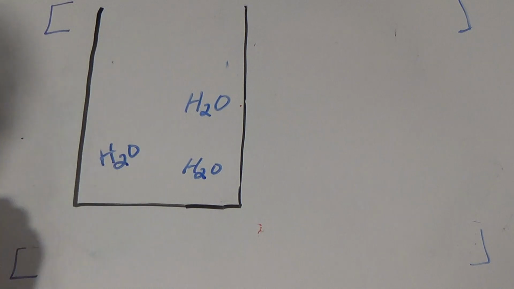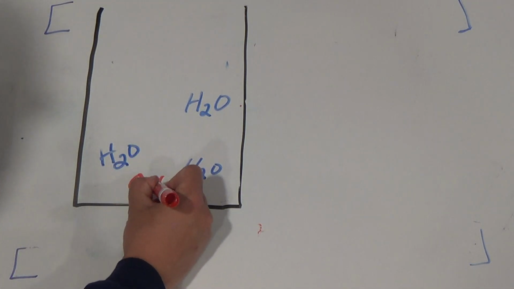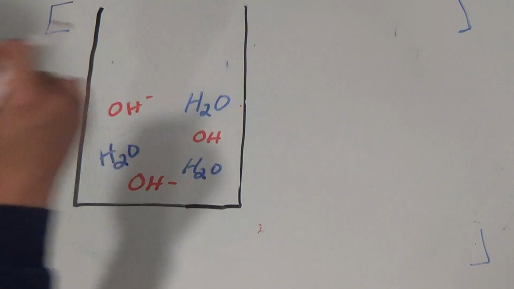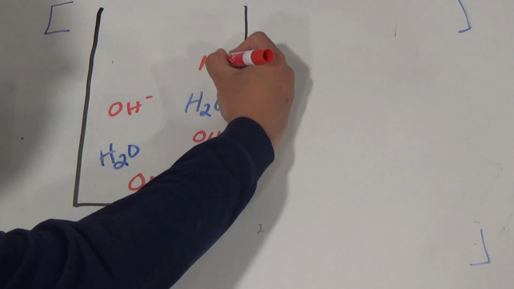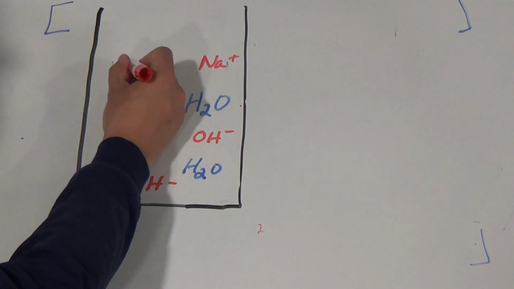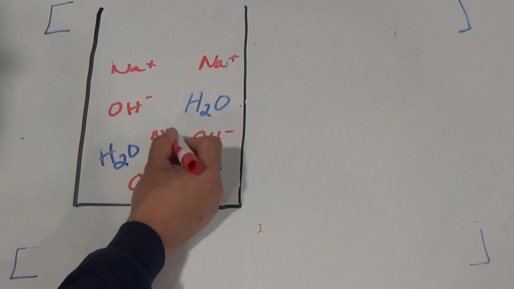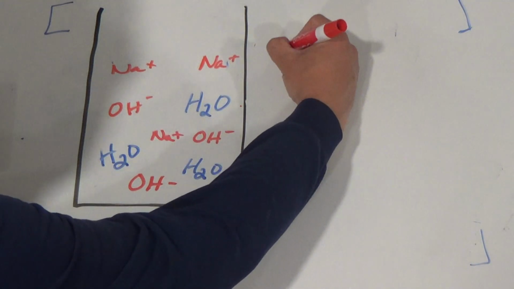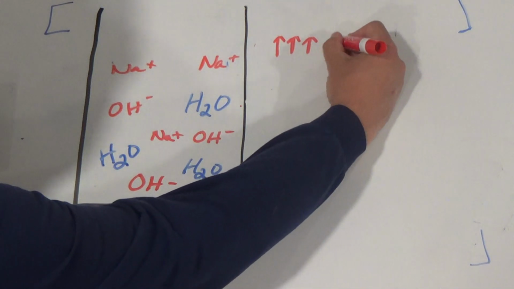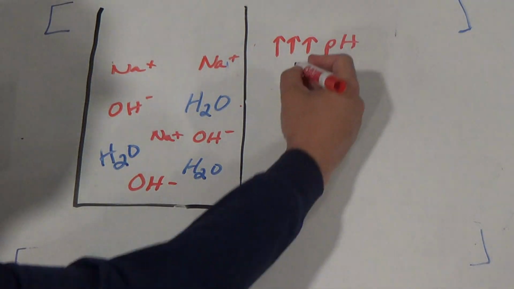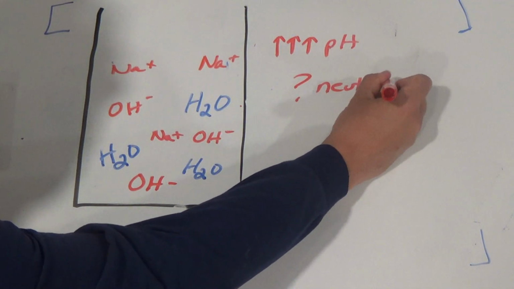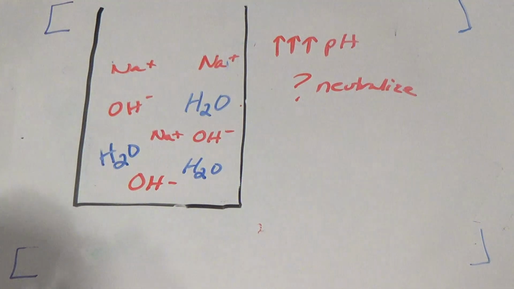And let's say I've got sodium hydroxide, which is fully dissociated. Three of those, and I'm going to draw 3 Na positives. So right now we've got a high pH. I need to get it to neutralize.